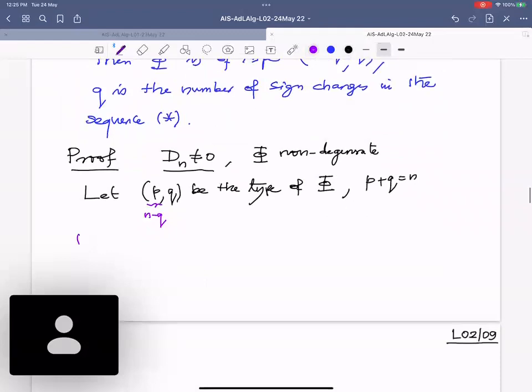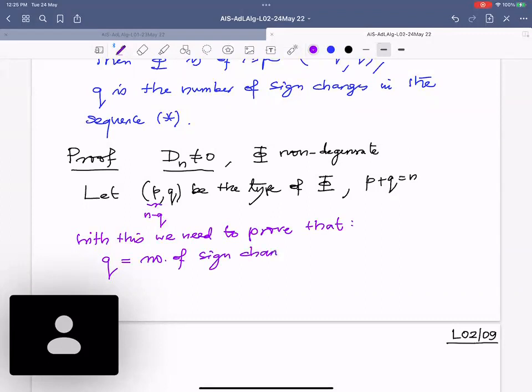So with this, we need to prove that Q is equal to the number of sign changes in the sequence D0, D1, etc., Dn.